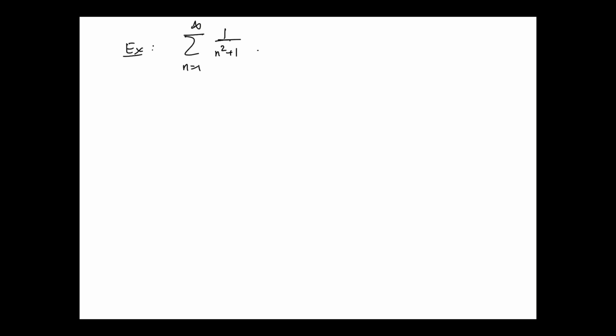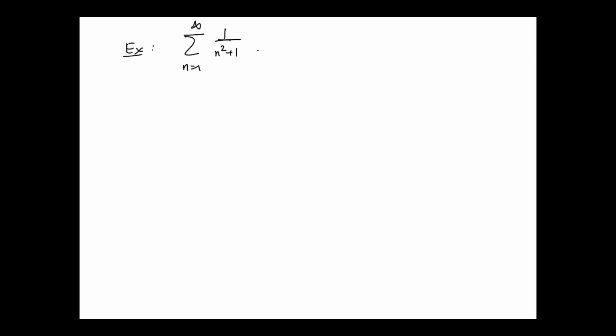So I only have one given series here, so I need to choose another series. I need to argue that the inequality goes the correct direction. I need to argue that I have two non-negative series, and then I need to apply the theorem. Now, in this case, 1 over n squared plus 1, that's always non-negative, because the denominator is always positive.